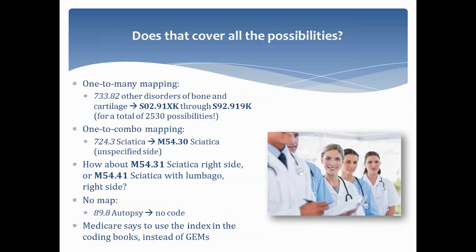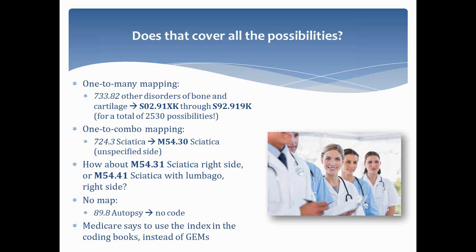If we continue, we'll see that there are some codes like 733.82, which stands for other disorders of bone and cartilage, and it actually points to 2,530 possibilities in ICD-10. So this is, I think, the worst example in all of ICD-10, but the codes range from S02 to S92 and everything in between. There are more than 2,500 possibilities.